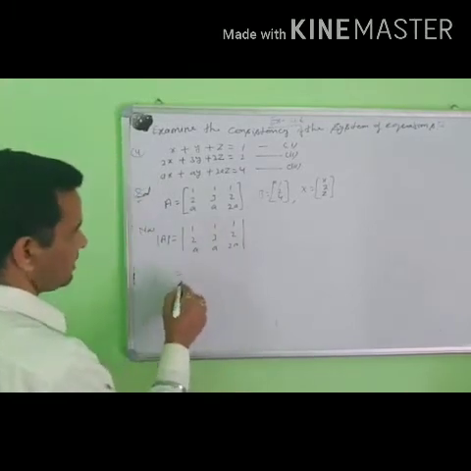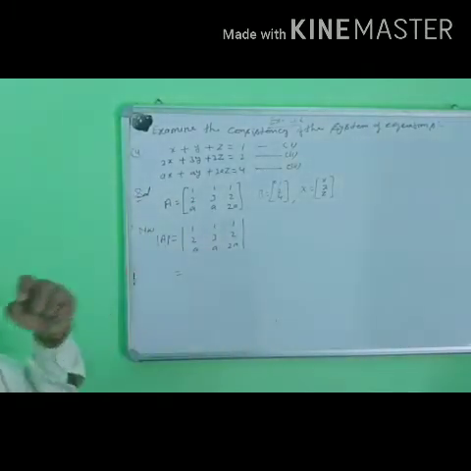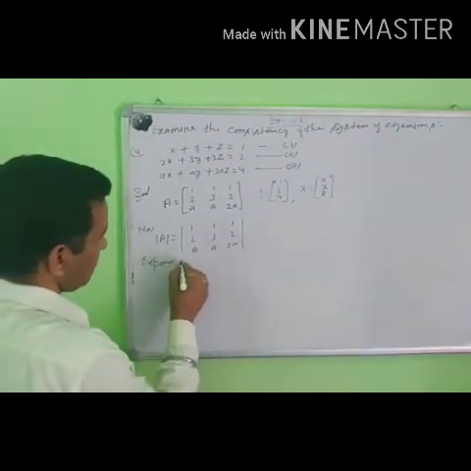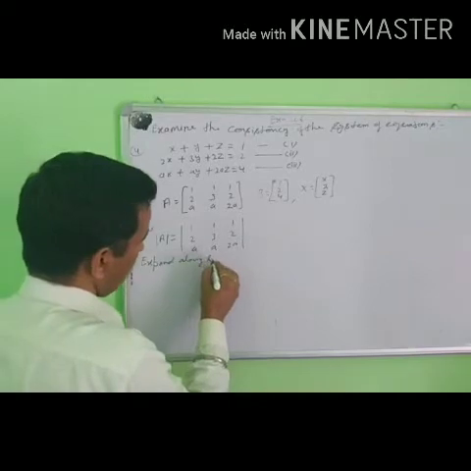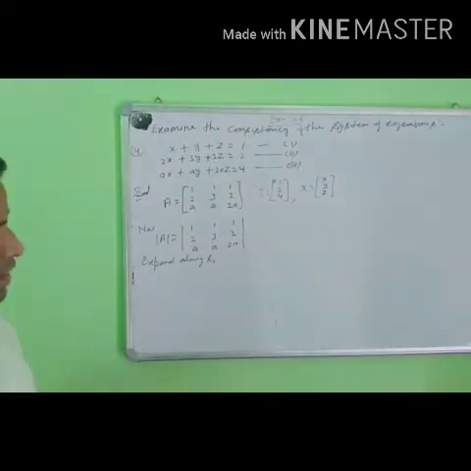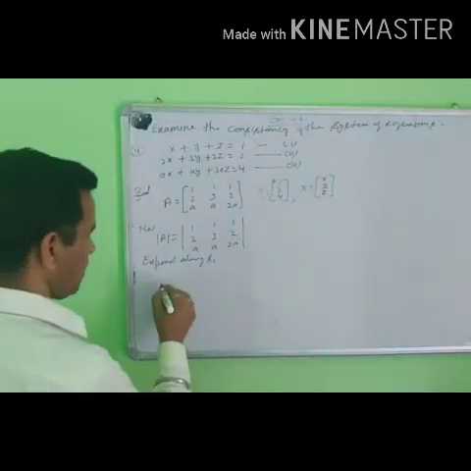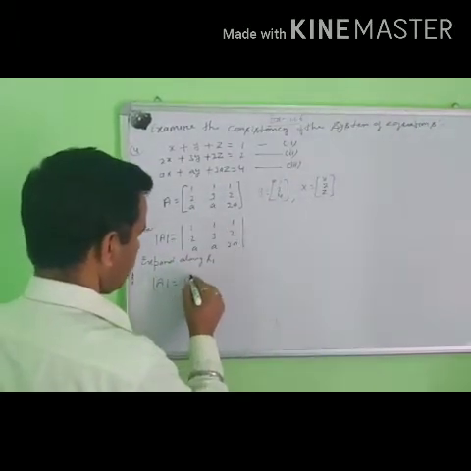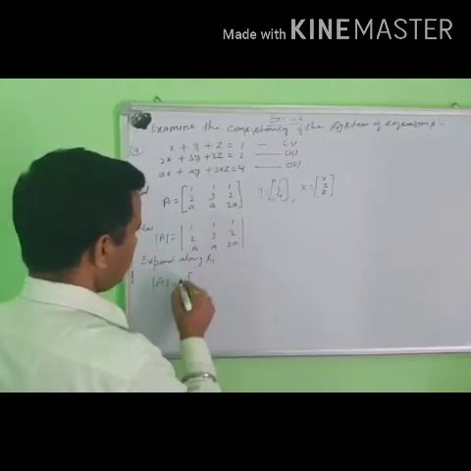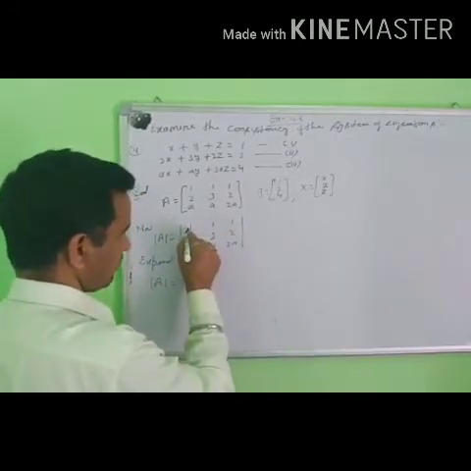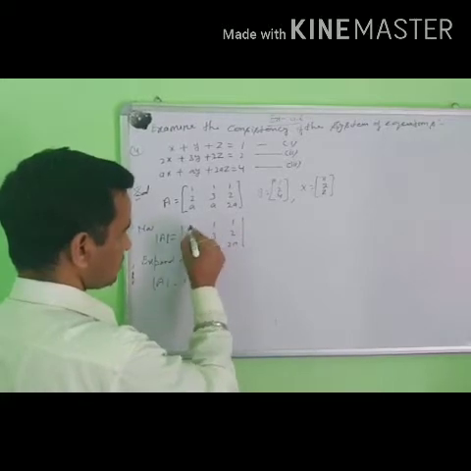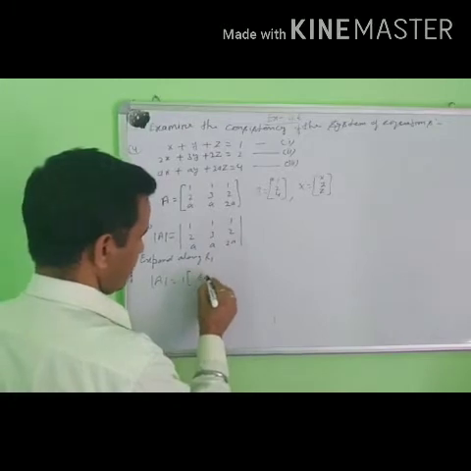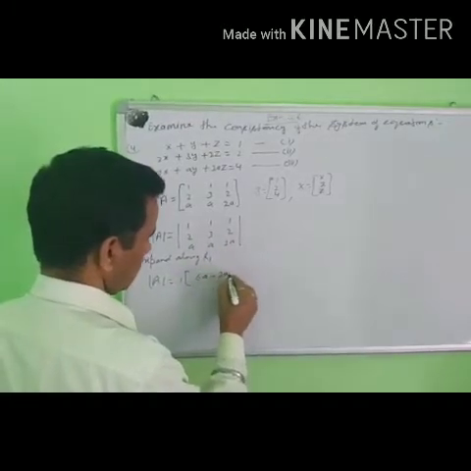What is the value of the determinant here? Now expanding along R1, R2 or R3, it does not matter. You can expand along any row, any column. Now determinant of A equals first 1. For this first row element, the first row and first column will be hidden. The rest will be 3 times 2a, that is 6a, minus 2a.